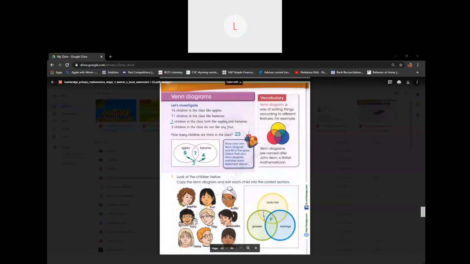Now we're gonna see glasses and curly hair. He doesn't have curly hair, because this is curly hair. You see these white things? Yeah, that's curly. He just has really curly hair.